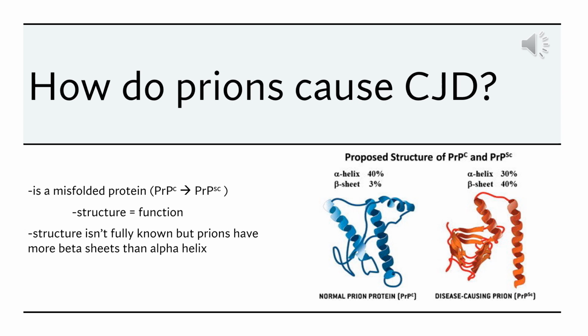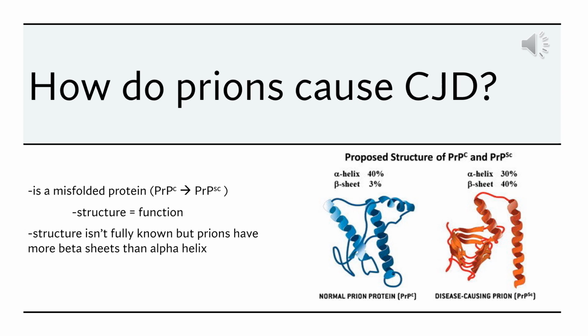How do prions cause CJD? Prions cause CJD by misfolding. They go from the normal cellular prion proteins, the PRPCs, to the PRPSCs, which are the misfolded version. And as we know, structure of proteins equals the function of the protein. So if it isn't properly folded, it's not going to have the proper function.